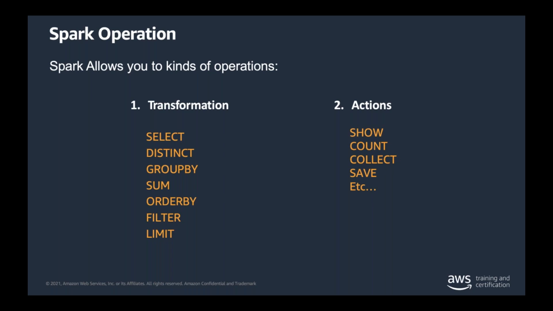And the second operation that it offers is the actions, which are the commands that are computed by Spark right at the time of their execution. They basically consist of running all the previous transformations in order to get back an actual result. And an action is composed of one or more jobs, which consist of tasks that will be executed by the workers in parallel whenever possible.